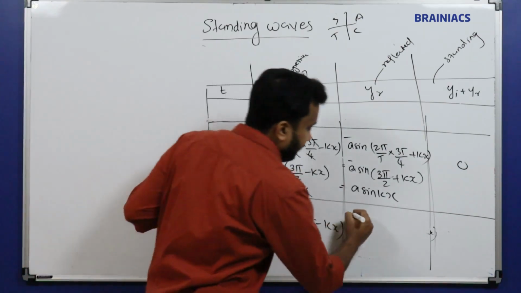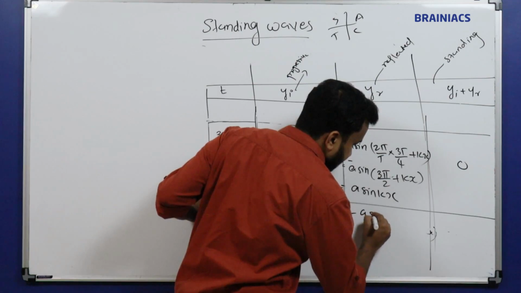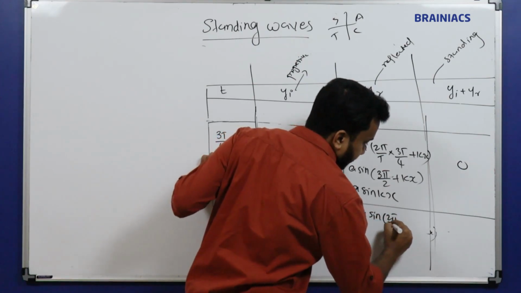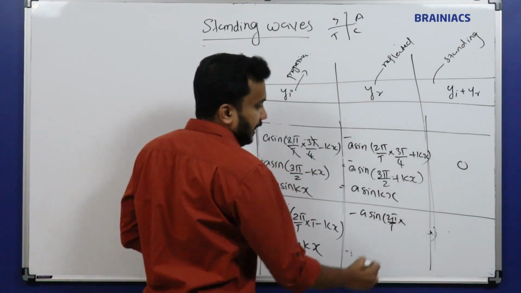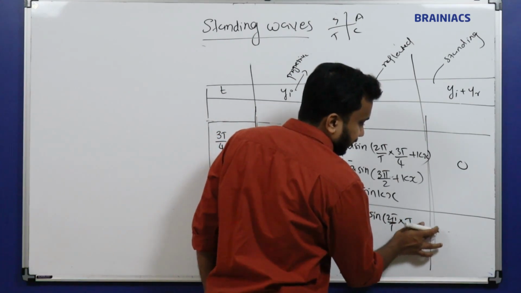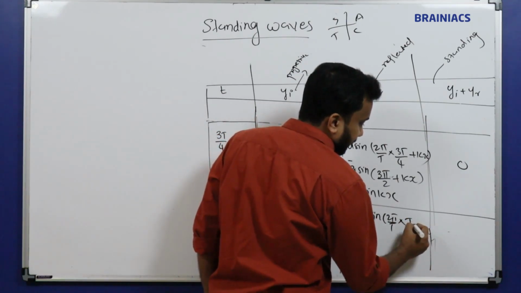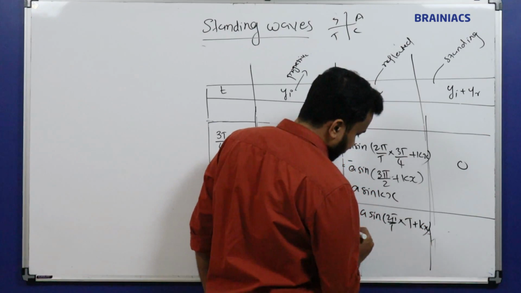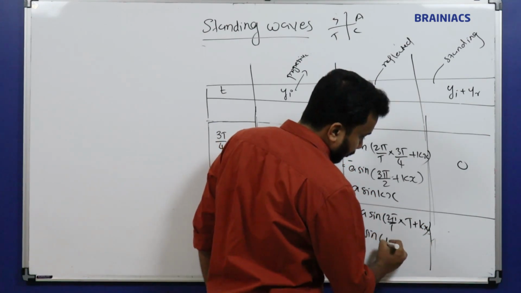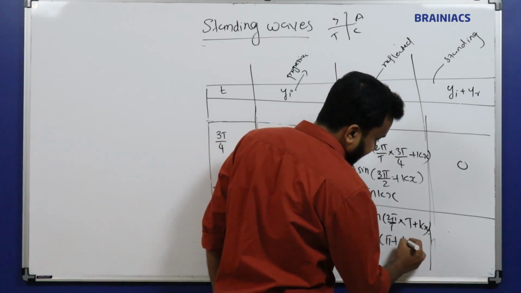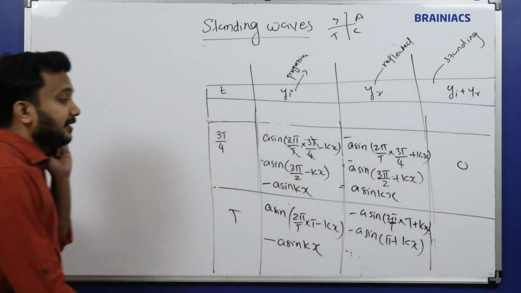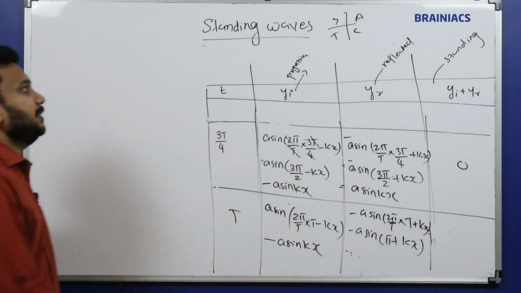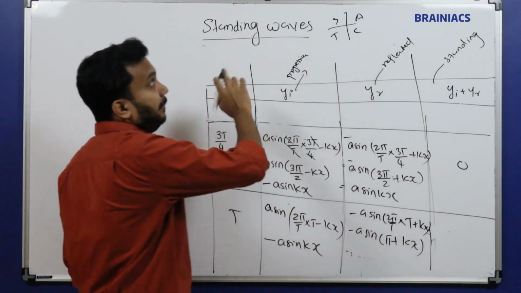Now the reflected wave: minus a sin of 2 pi by T into capital T, followed with plus kx. So minus a sin of 2 pi plus kx. This will fall on which quadrant? First quadrant.